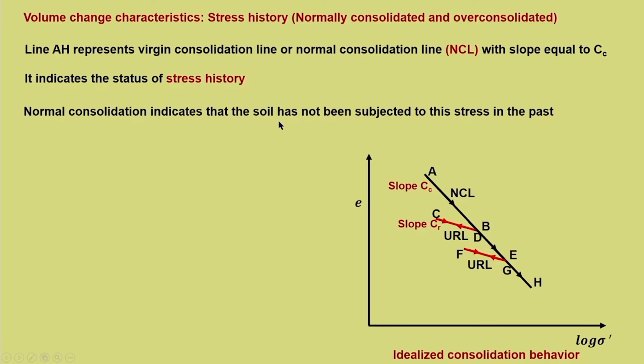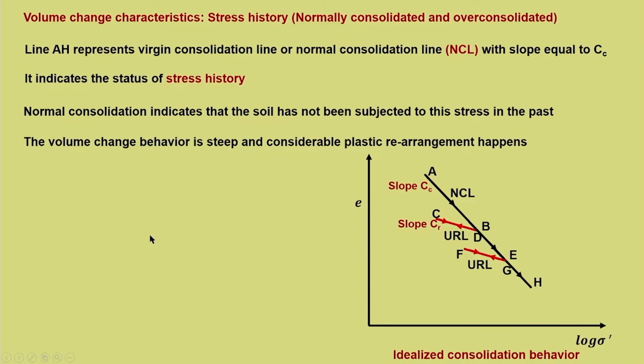Normal consolidation indicates that soil has not been subjected to this stress in the past. We have already seen that. The volume change behavior is steep and considerable plastic rearrangement happens. So now this is another important fact which we have to keep in mind. A normally consolidated soil undergoes high volume change because it is experiencing that stress for the first time.